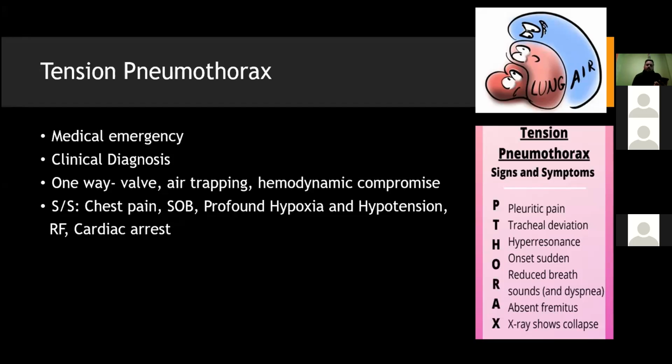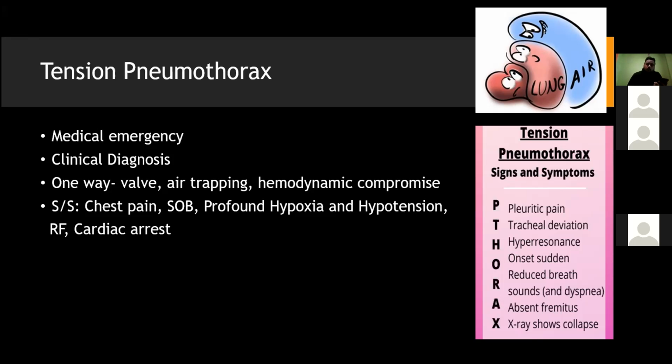The pathophysiology is that it acts as a one-valve situation where there is subsequent air trapping. Due to air trapping, there is an increase in the pleural pressure inside the lung, which will make the ipsilateral lung collapse and cause compression of the contralateral lung.